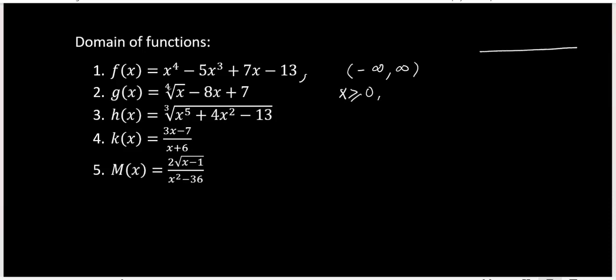So on the number line, you see 0 here and all the other values you can take on the right hand side of 0. So then the domain you can say is 0 to infinity.